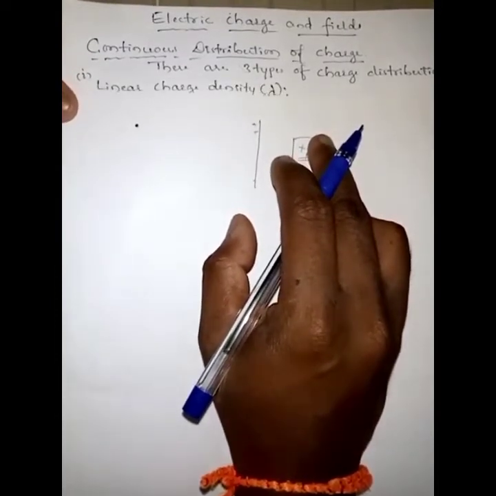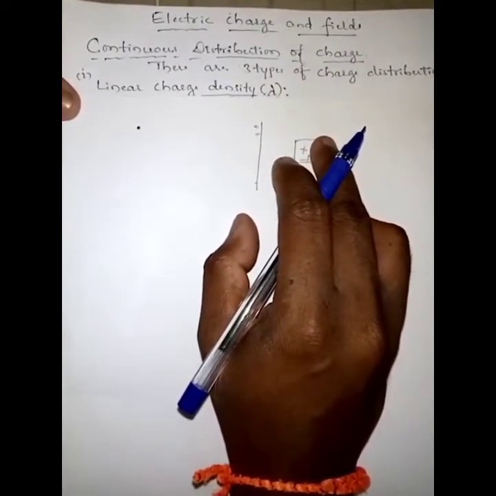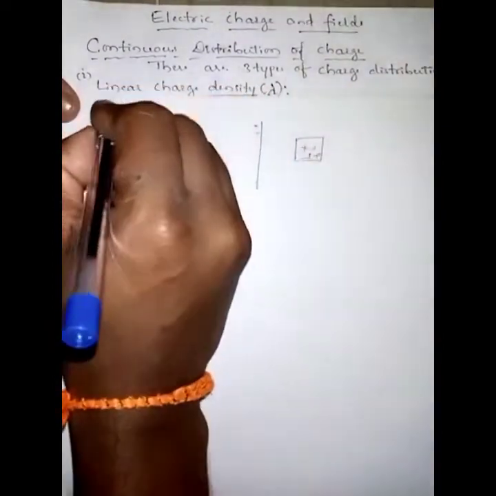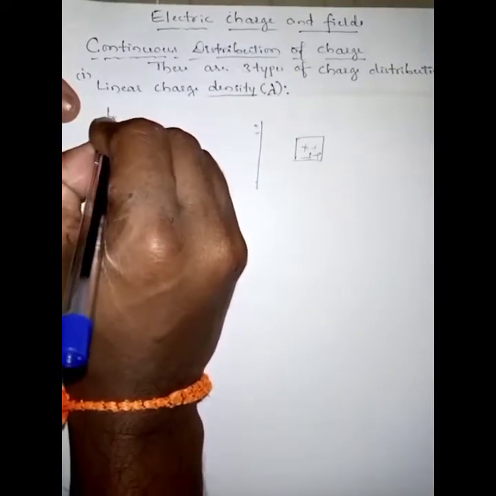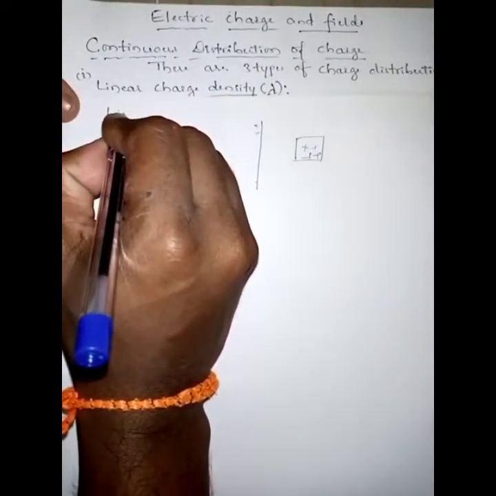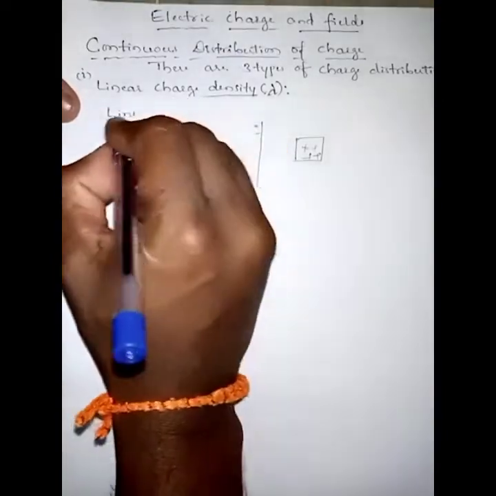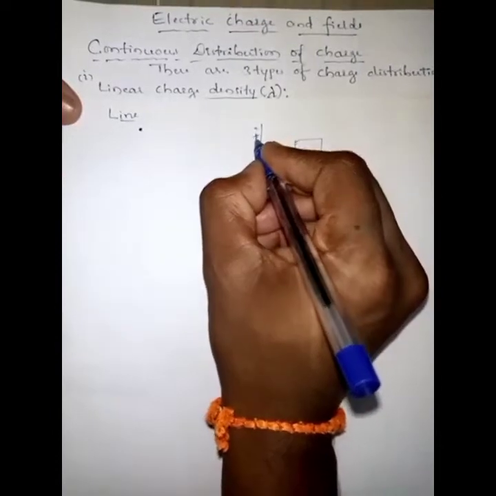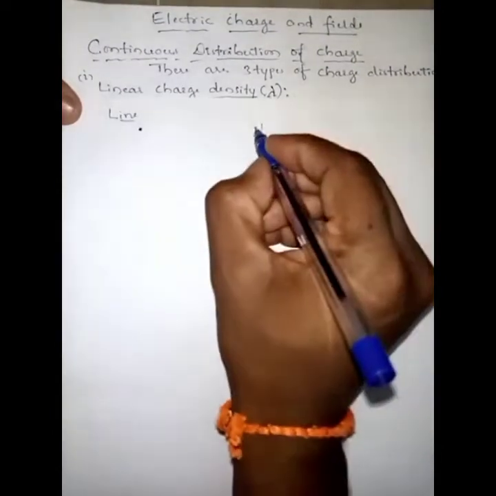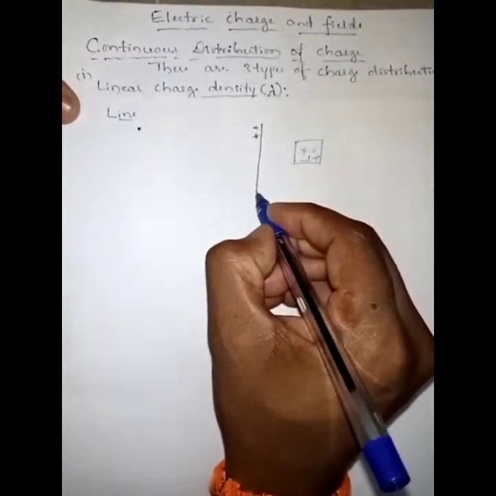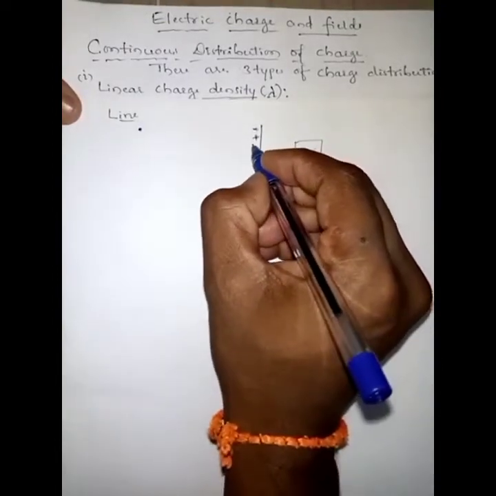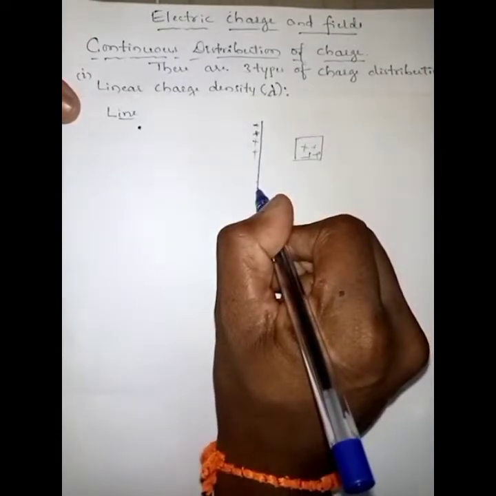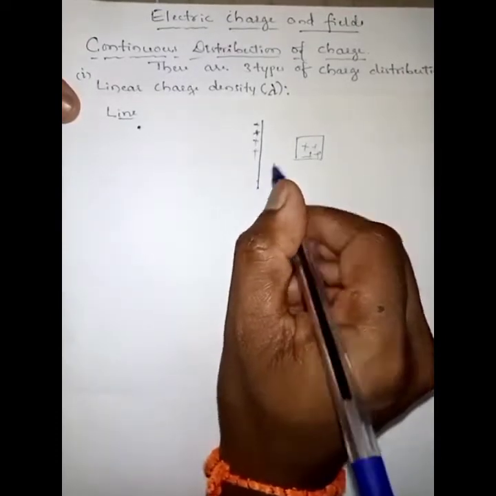One is the linear charge distribution, or linear charge density. It is denoted by the letter lambda. It can also be called line charge density. What does it mean? If you place some charges on a thin wire, those charges are distributed over the wire.